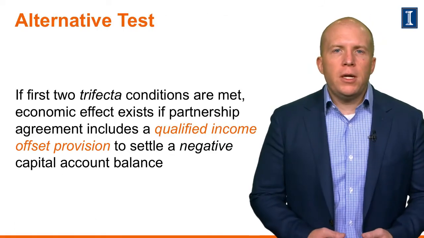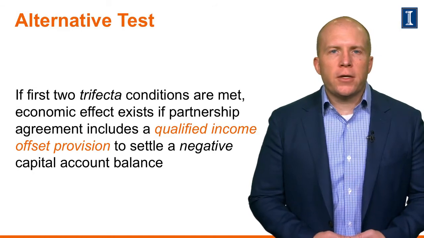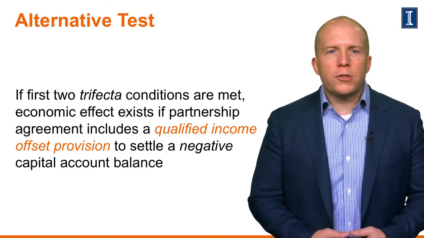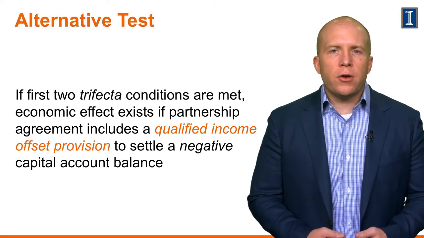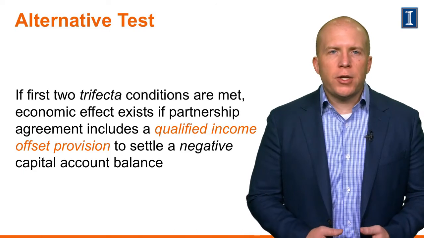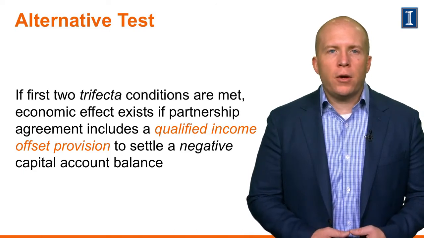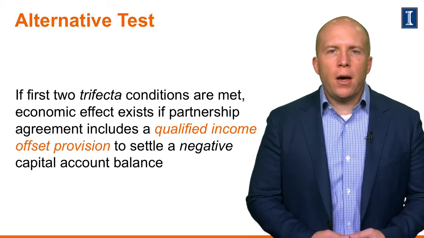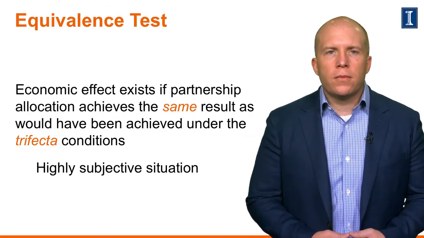If a partnership meets the first two conditions of the trifecta but does not require partners to restore negative capital account balances upon liquidation, an alternative test can be used to satisfy this third requirement. Essentially, economic effect exists if the partnership agreement includes a qualified income offset provision to make up for the negative capital account.